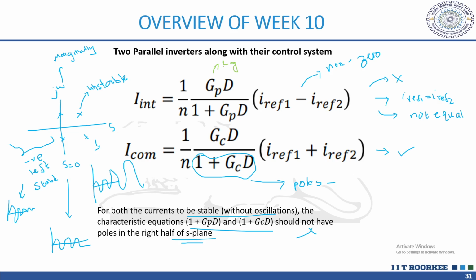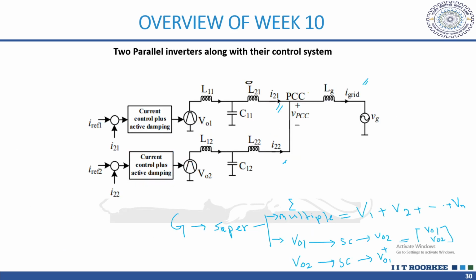So it is not having any component of this LG, whereas this common current it will have a feature of this LG. Because one thing you can see here, this LG current is only flowing through this part, right? I common.